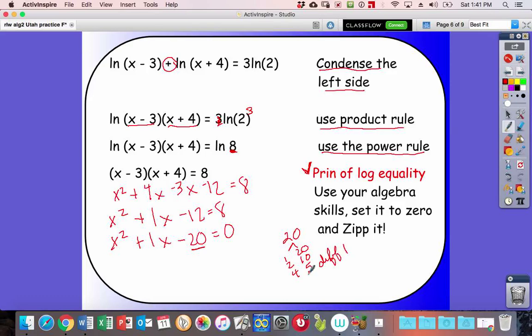Yep, that's the one I'm going to use. So I'm going to say x, and it's a plus 1, so I'm going to say minus 4 times x plus 5 equals 0. And let's double check my work. I got a minus 4x plus 5. Yep, if I multiplied this out, I would get that.